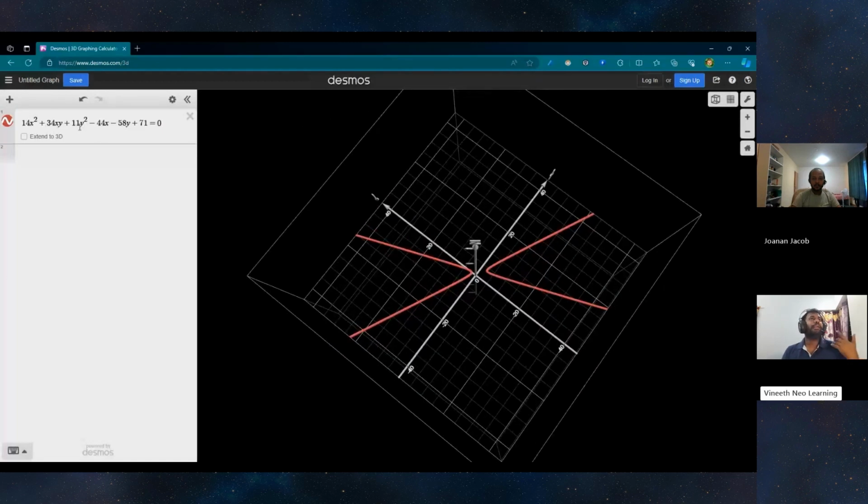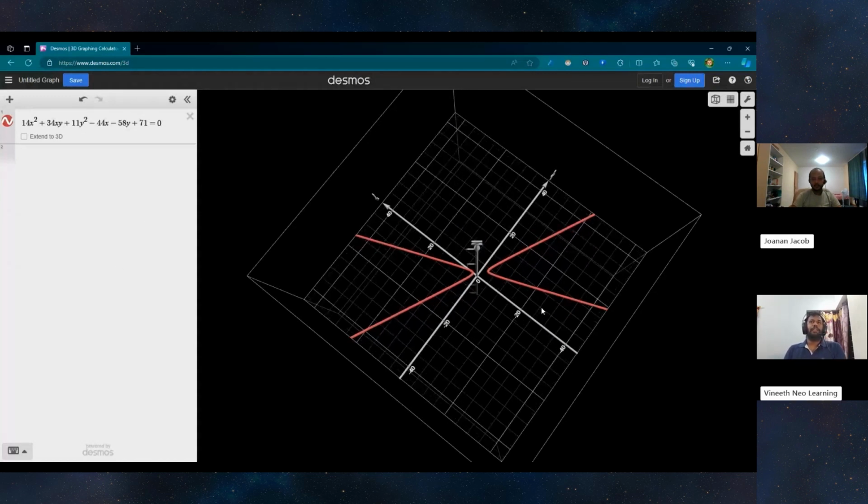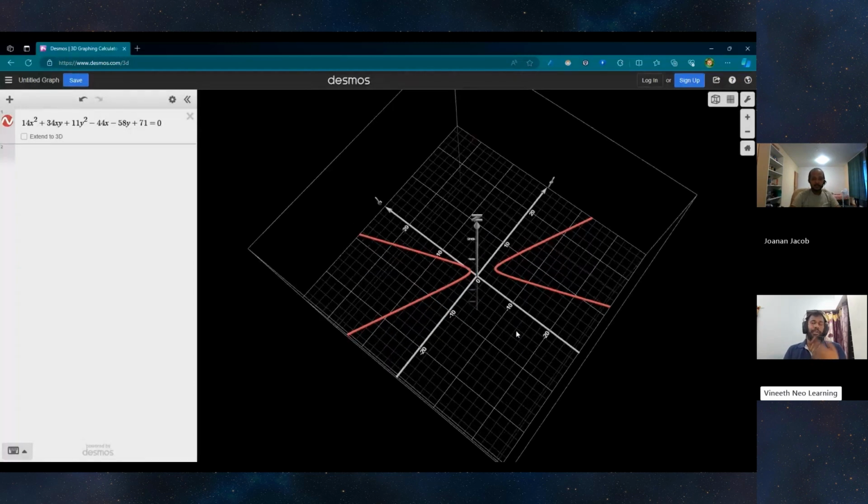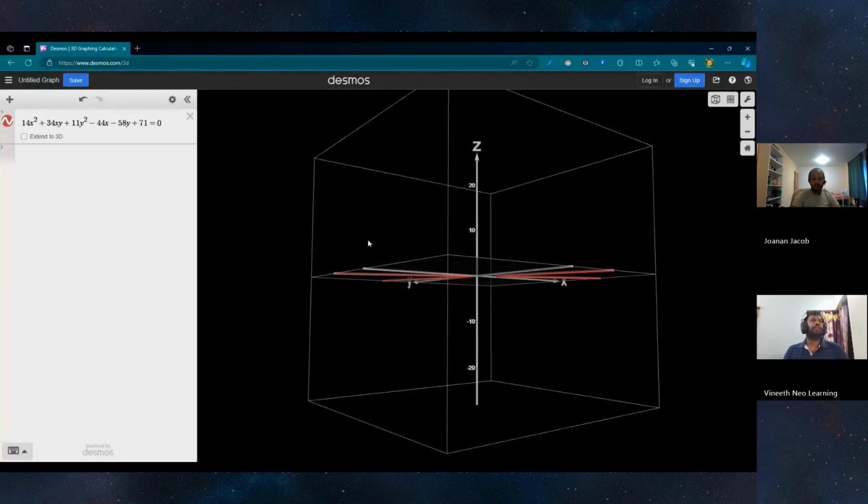Similarly, you can plug in various kinds of values for these A, B, C, D, E, and H, and you will get various kinds of ellipse or hyperbola or parabola.